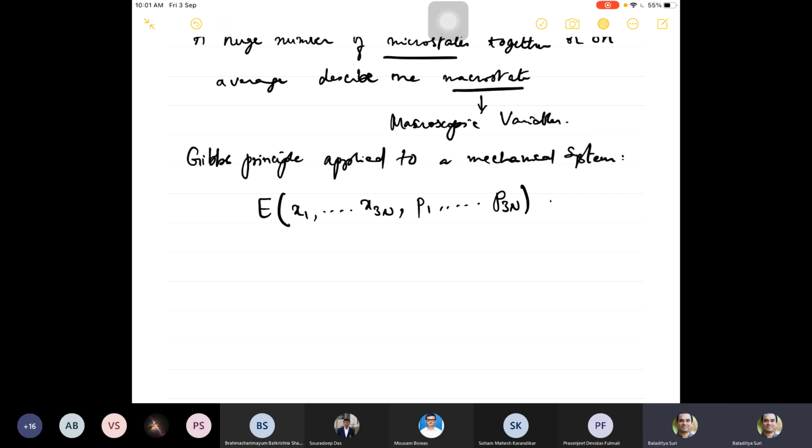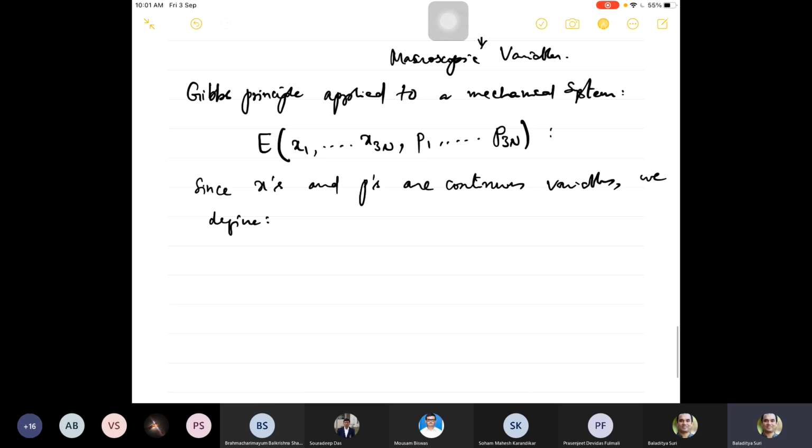Okay, then since x's and p's are continuous variables again, we define a density function rho, that the system is at a point at probability density.